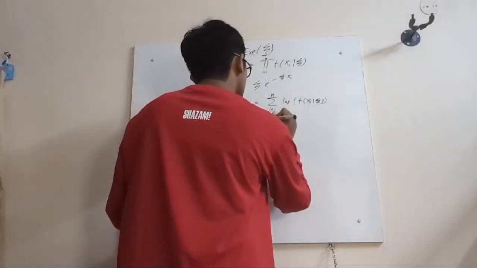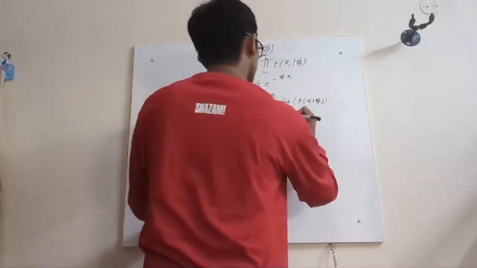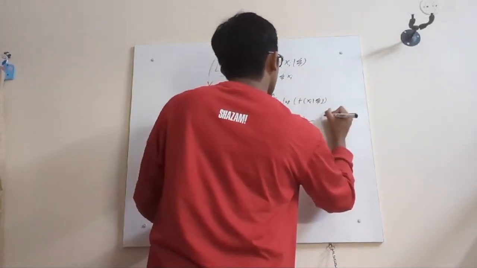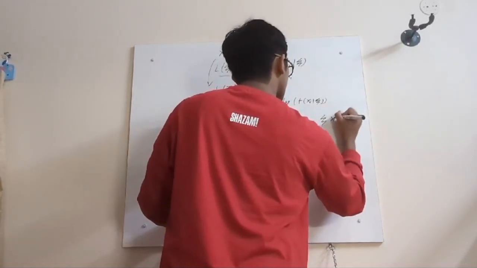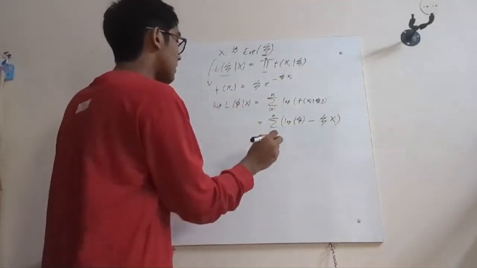And this would basically just be the summation i equal to 1 to n of log of lambda minus lambda xi, right?